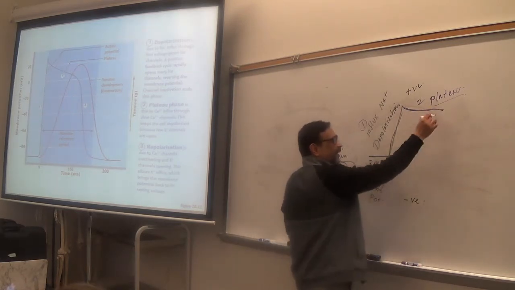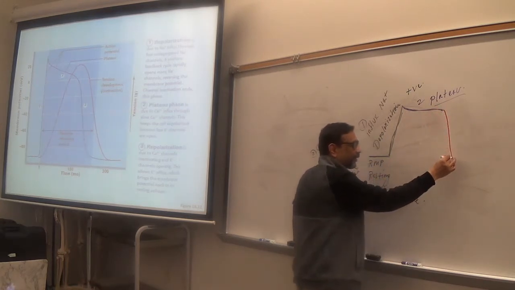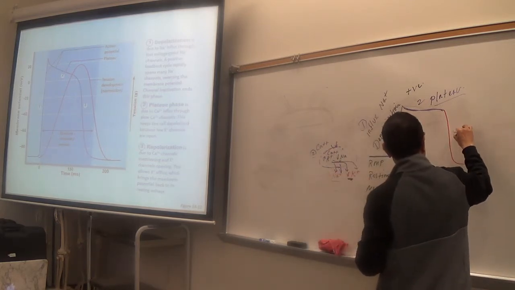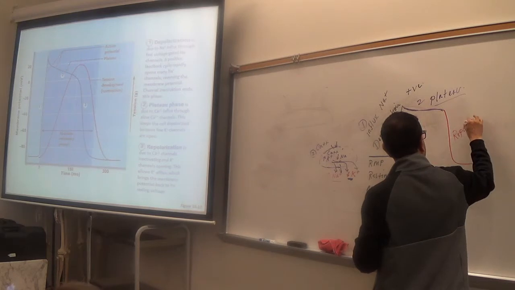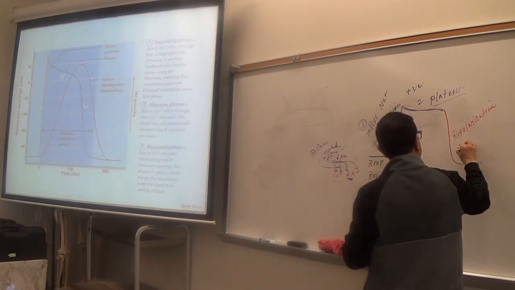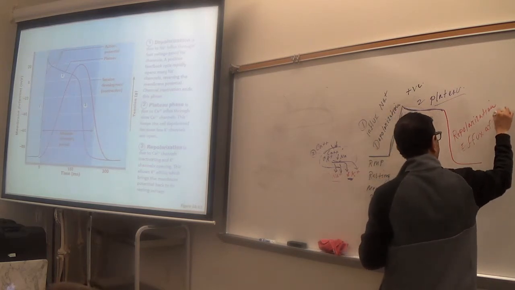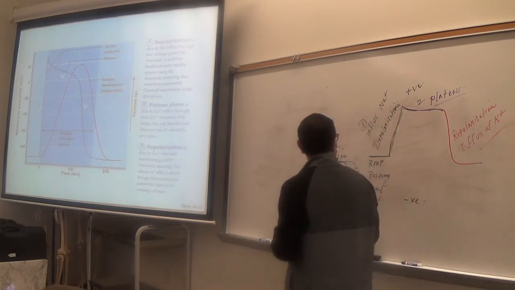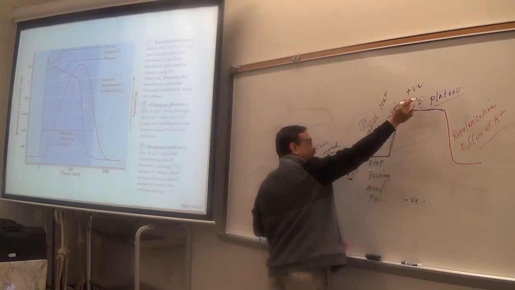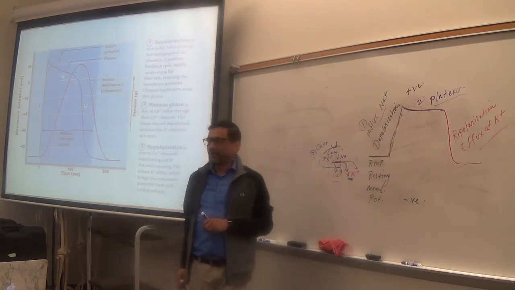Since the positive is getting out, positivity will go down inside the cell. And this part is called repolarization, due to efflux of potassium. And this one is efflux of potassium but influx of calcium. And this one is influx of sodium. So, is it clear?